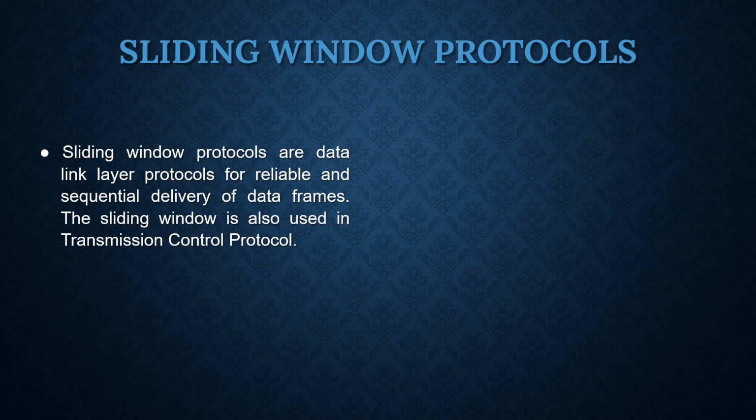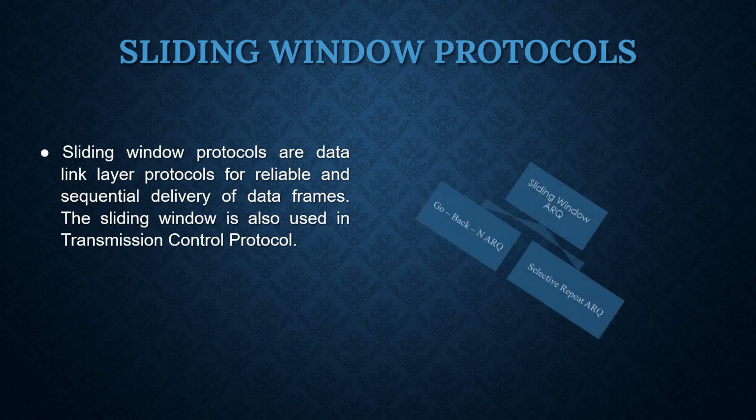Consequently, the size of the sending window is 2^n-1. Thus, in order to accommodate a sending window size of 2^n-1, an n-bit sequence number is chosen. The sequence numbers are numbered as modulo n.